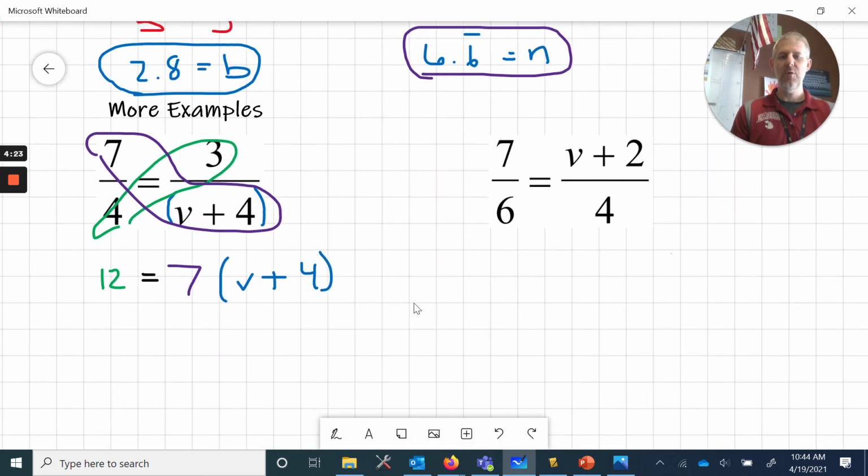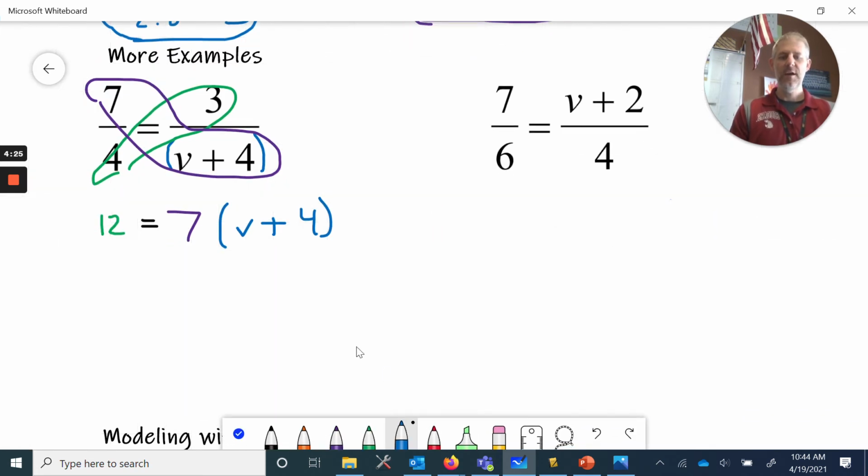And now what you'll see is we're going to use distributive property. So we're going to multiply and say we'll take 7 times the v and 7 times the 4. So we get 12 equals, so 7 times v is 7v. So remember, that's what 7v means, is 7 times v. Plus 7 times 4, which is 28.